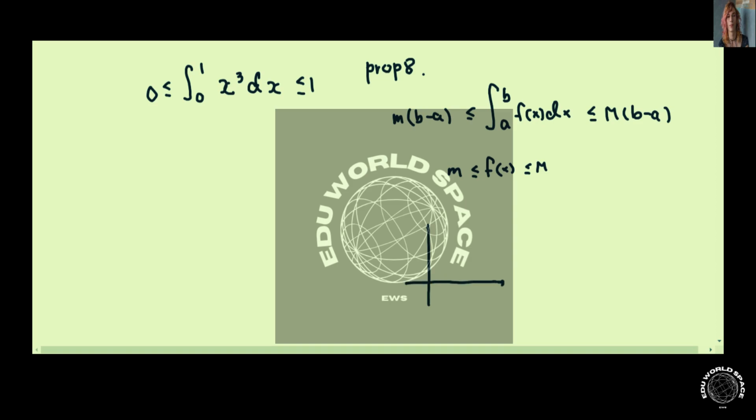let's pretend that f of x looks something like this, okay, between a and b. Let's say that the lower bound of this is m.